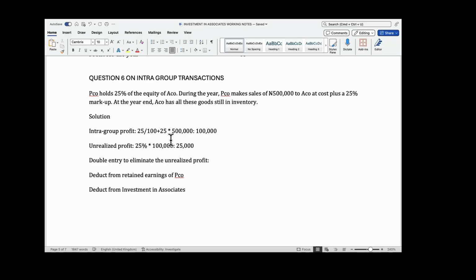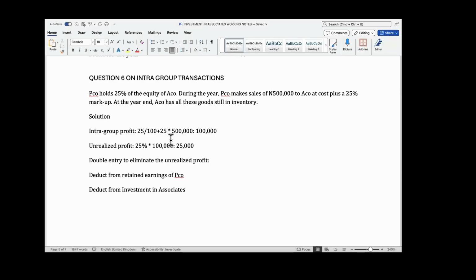And you know that we will need to eliminate that profit when we consolidate. So in that case, we can easily deduct that unrealized profit from inventory as well as from retained earnings. So what you know still applies there, if the inventory is with us, the parent, and that will only apply where it is the associate that sold.